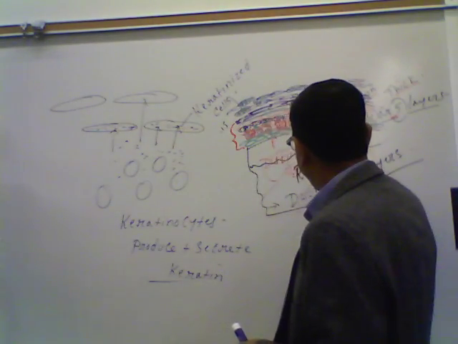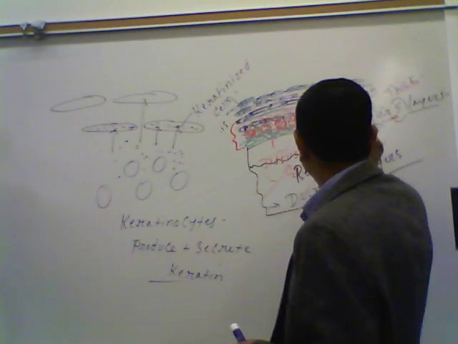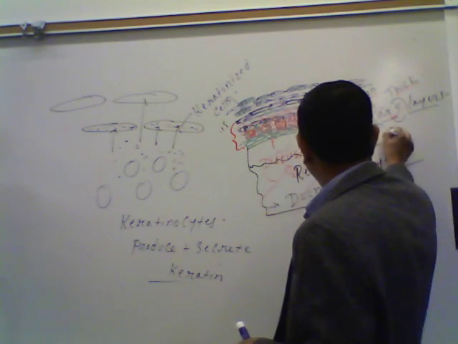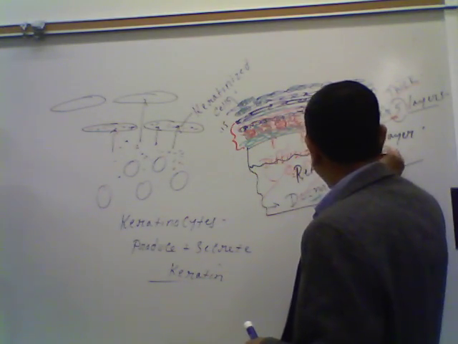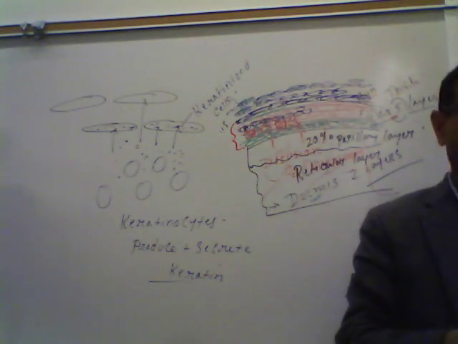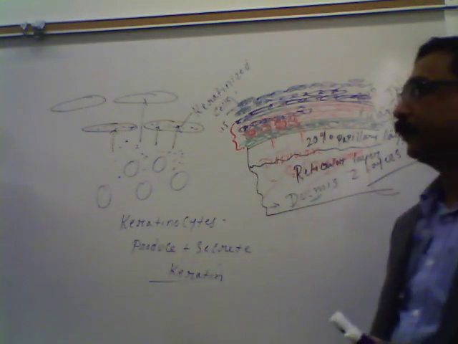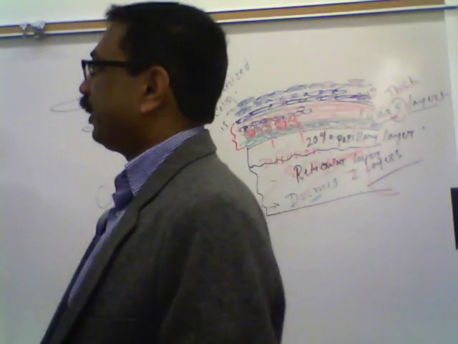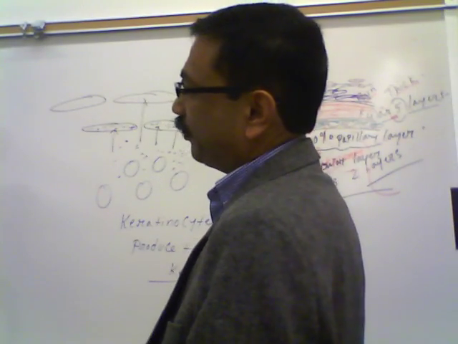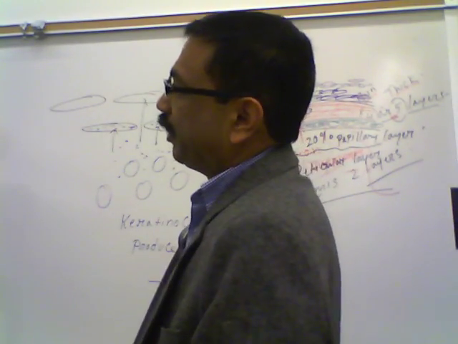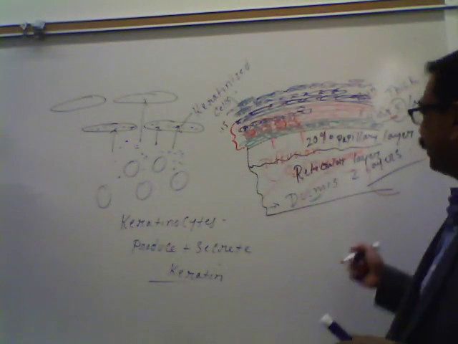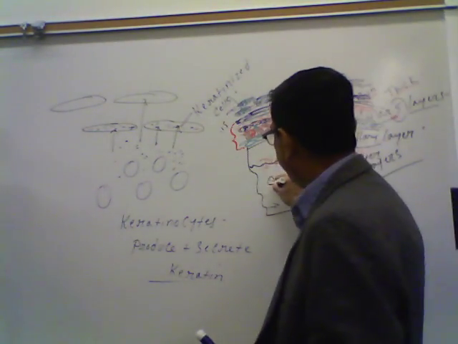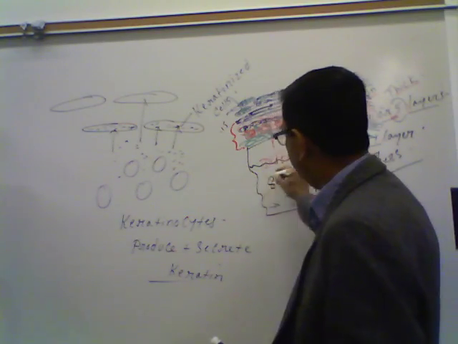Here you see the dermis on the left side: the papillary layer forms 20% thickness of the dermis, and the reticular layer forms about 80%. So those are the two layers.